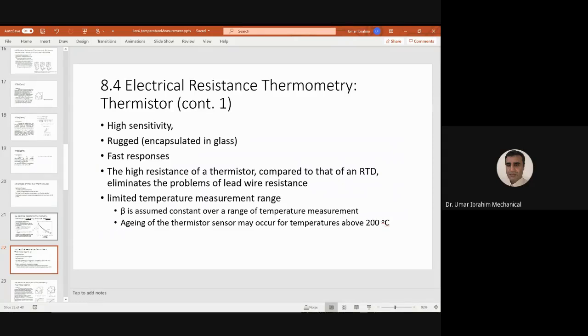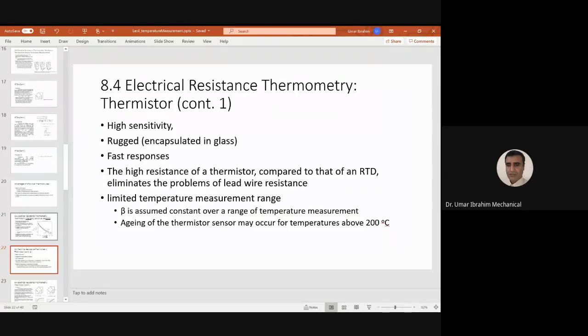Or simply put it like this, if you use a thermistor for temperature measurement beyond 200 degrees C, then after a certain time you will need to replace it because it will no longer provide accurate measurements.